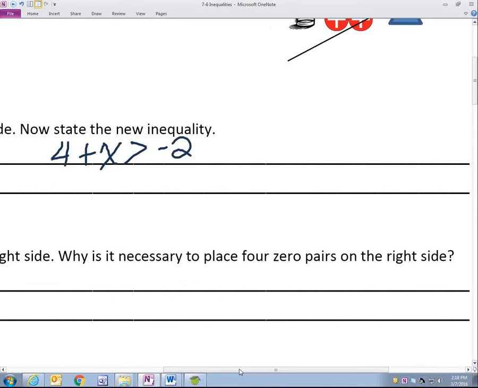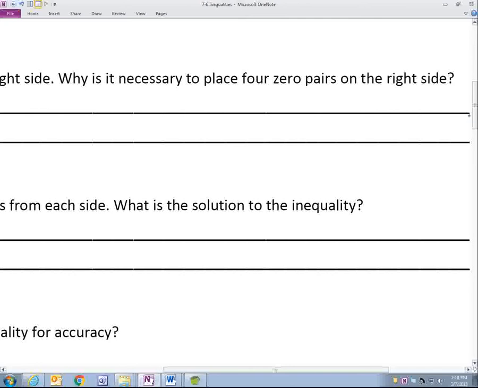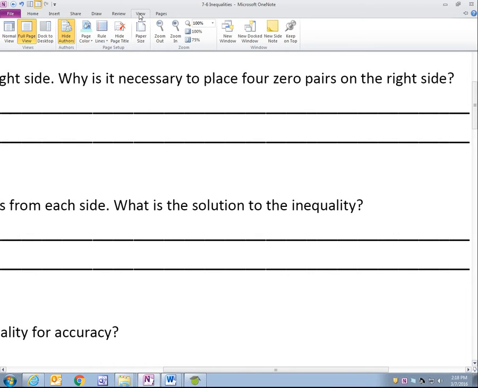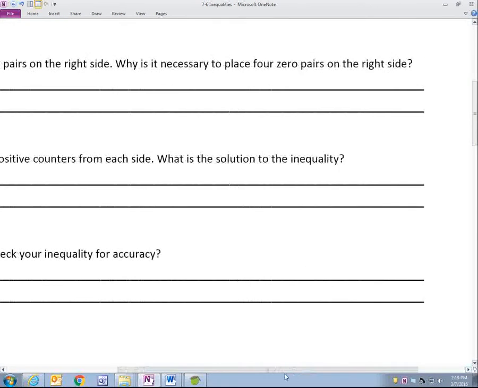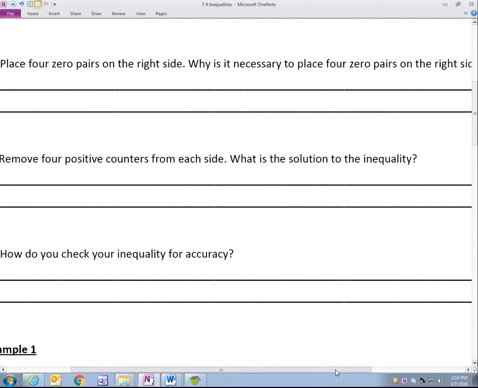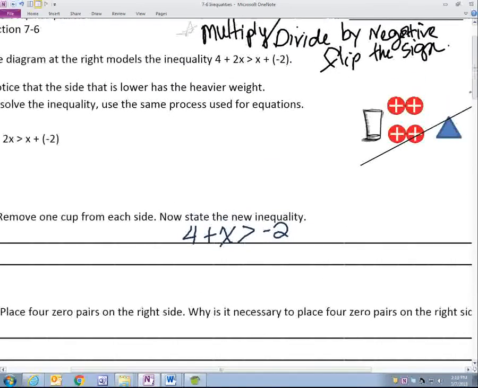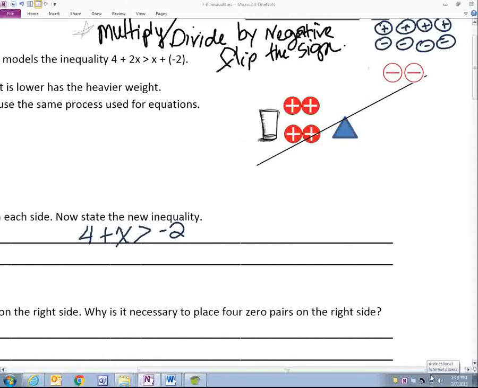Next question says, why is it necessary to place 4 zero pairs on that side? Do you know, Joe? It gives it more answers. Okay. I know where you're getting at with that. Let's see if anybody else can come up with something else. Does anybody know why we did that, 4 zero pairs there?